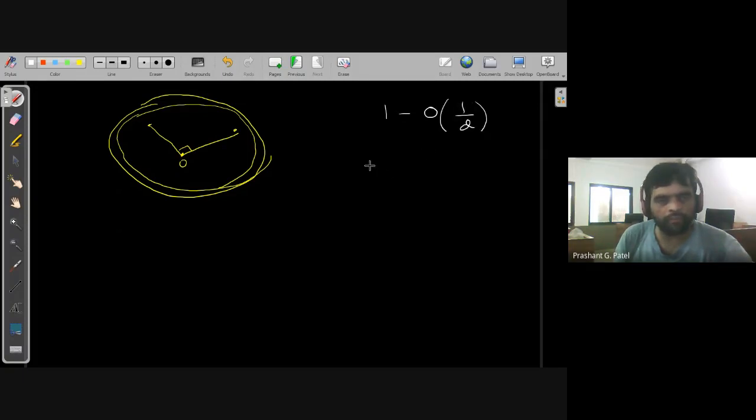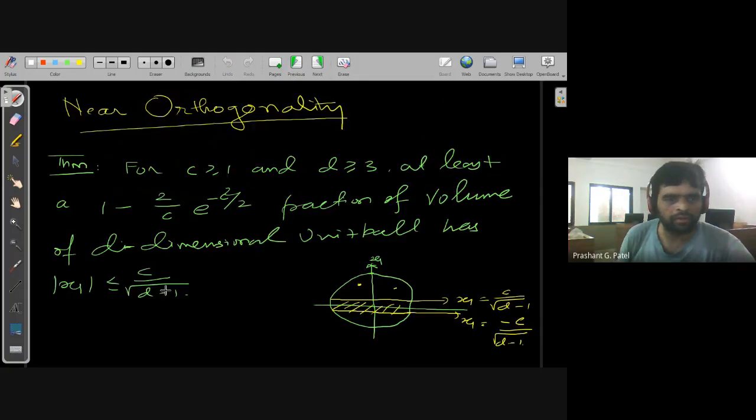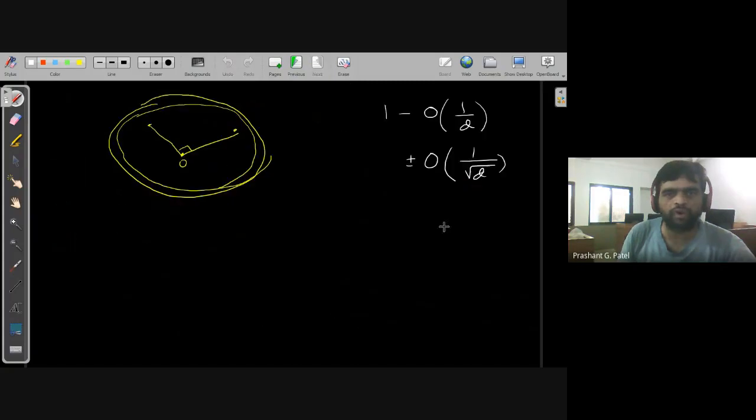And the previous lecture's analysis says that if we define the direction of the first point as the north pole, there is a high probability that the projection of the second point is of order 1 by square root of d in this direction. You can see from here it is approximately c upon square root of d minus 1, which is less than or equal to 1 upon square root of d.